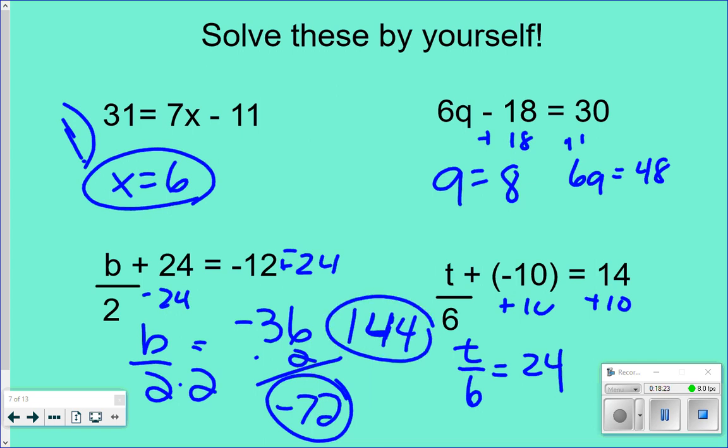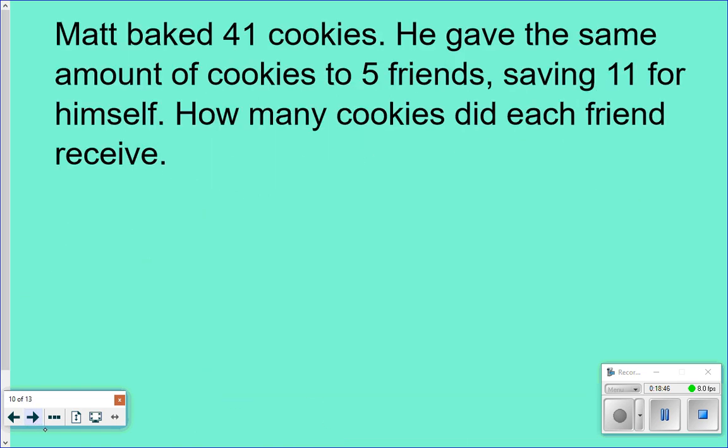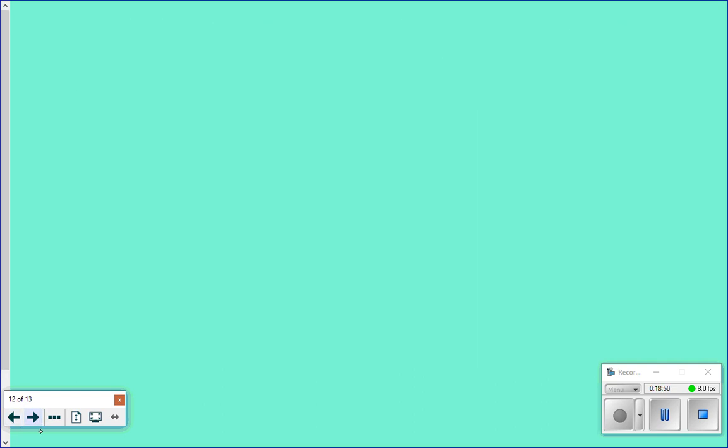Oh, yeah, that's right. 24 times 6 would be 4, carry the 2, 12, 13, 14. Okay, glad we're back to that point. Actually, I'm going to do one more, and then we're going to move on.